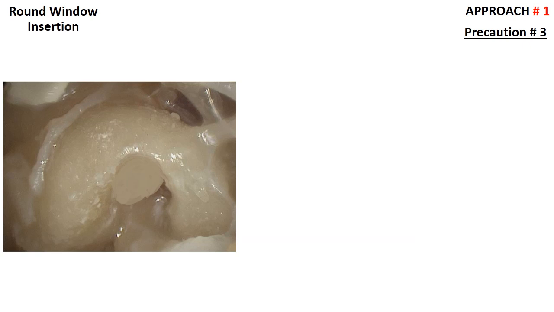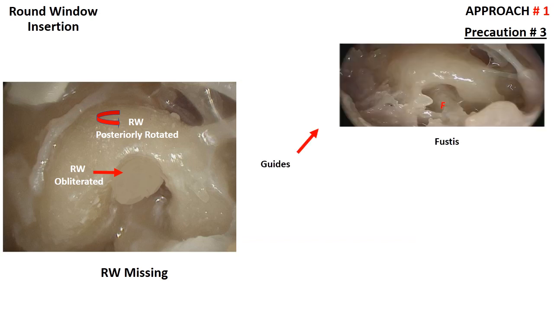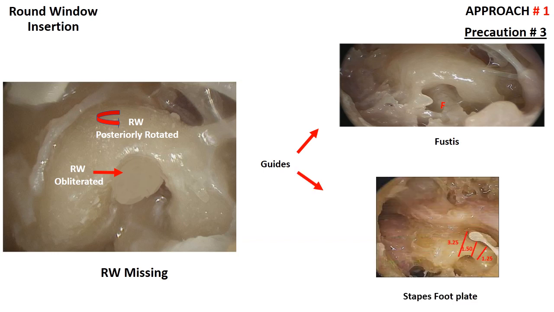The third precaution is that sometimes the round window is missing. It could be missed because it is obliterated in cases of otosclerosis or other cases, or because it is rotated posteriorly and you cannot identify the round window. So what are your guides? Your guides, as we mentioned, inferiorly you follow the facial nerve and it can lead you to the round window membrane.